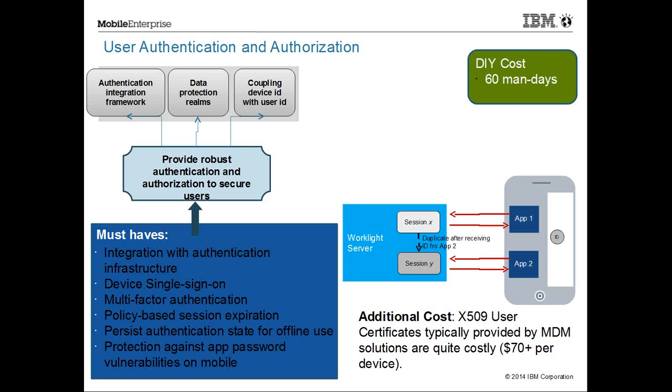So the first thing is, when you're building an enterprise app, we need a user authentication and authorization framework, right? I need to ensure that if I am signing on to an app on my mobile, and that talks to an SAP in the backend, or to, let's say, a Microsoft Lync in the backend, or to a SharePoint in the backend. In the case of a bank, let's say it talks to a CRM or a core banking system in the backend.